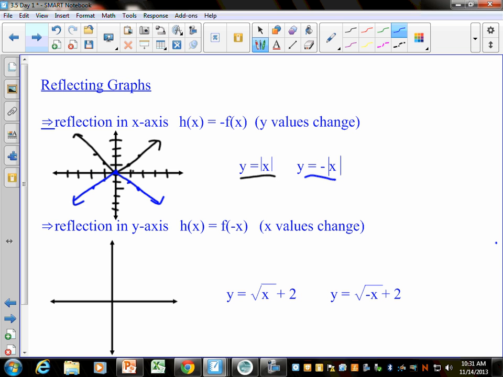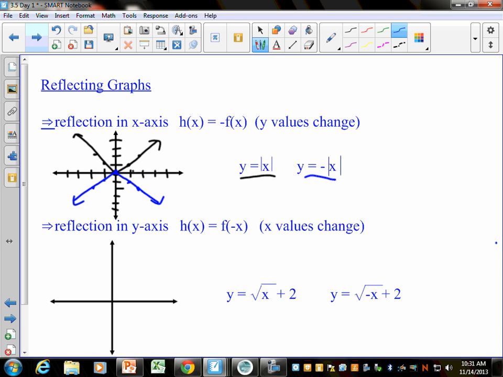But I have the square root of x, and then I put a negative inside that square root. So if it reflects on the y-axis, that means the negative is inside the function, not outside the function. Some functions, if you plug a negative in, they don't change. Like this. If I put a negative inside here, it doesn't change because they just flip places, but it's already reflected. Like, it's symmetric about the y-axis, so it doesn't change.